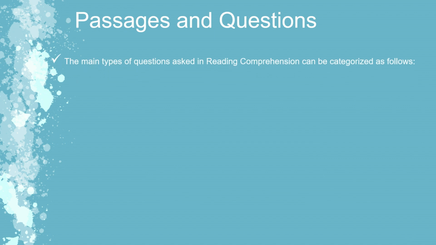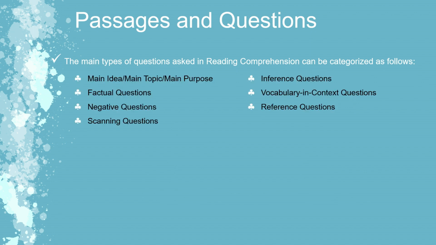And the main types of questions asked in reading comprehension can be categorized as follows. Asking the main idea, the main topic, the main purpose, and factual questions, negative questions, scanning questions such as where in the paragraph, or inference questions such as this means that, what does the author infer.